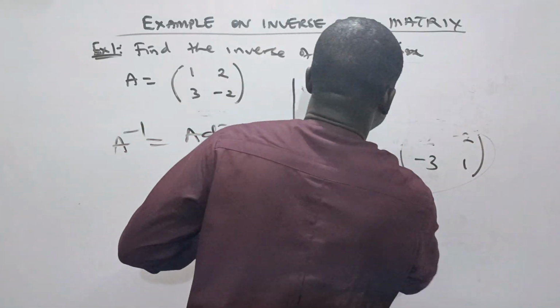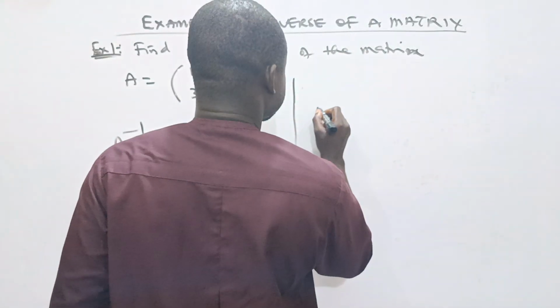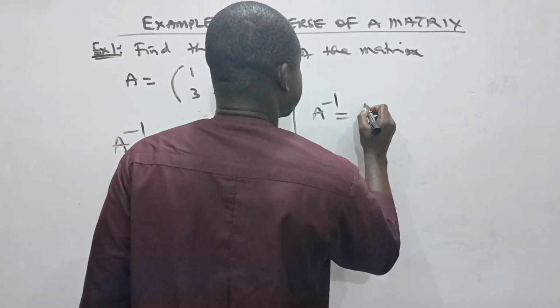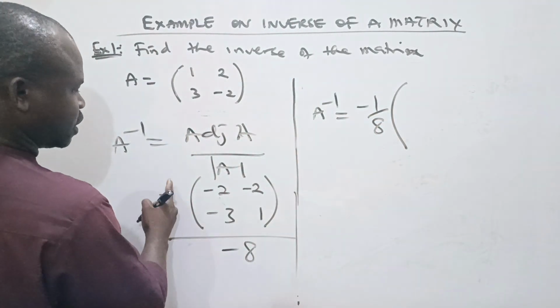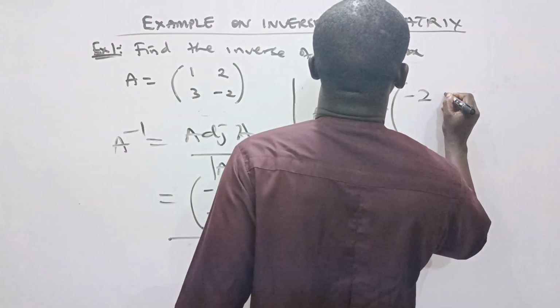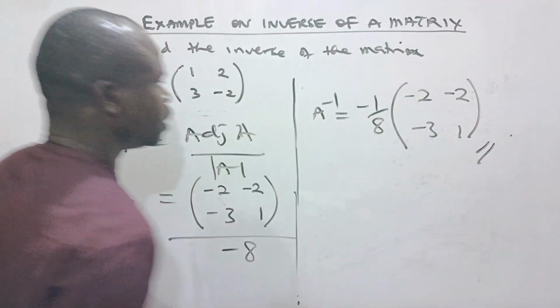We can also rewrite this as the inverse of A equals minus 1 over 8 times the matrix minus 2, minus 2, minus 3, 1. So this is what we are required to find.